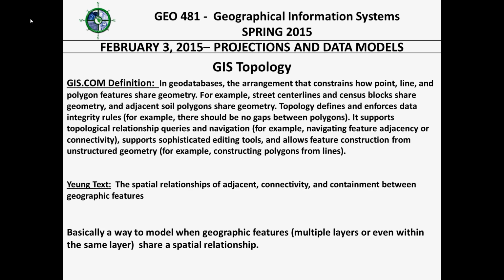A line must not intersect or can't overlap another line. So if this is a road, there can't be a stream at the same spot.